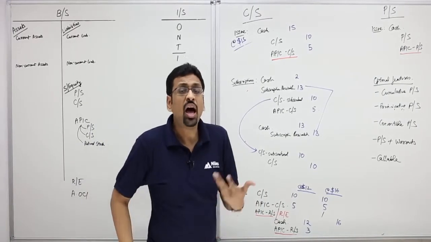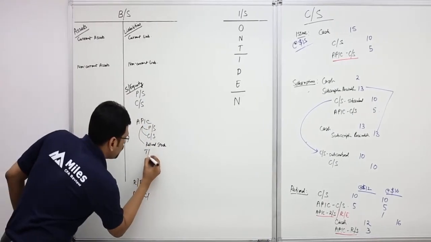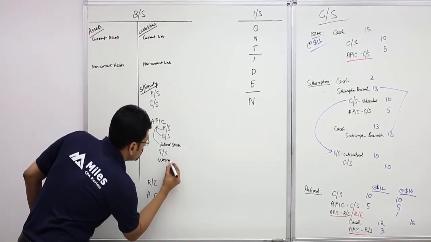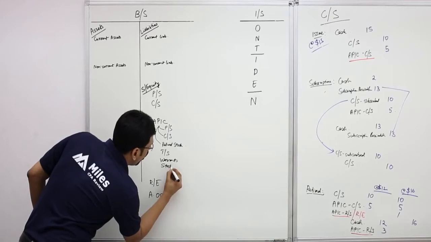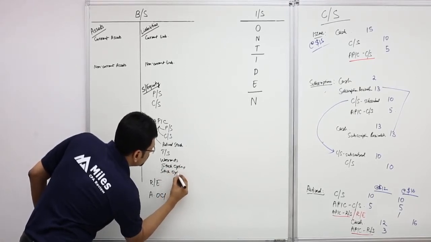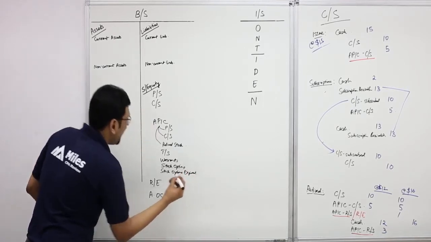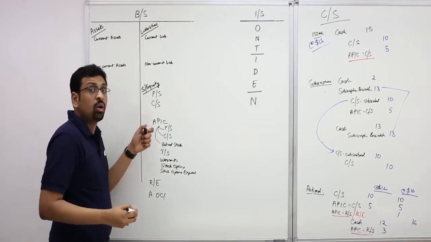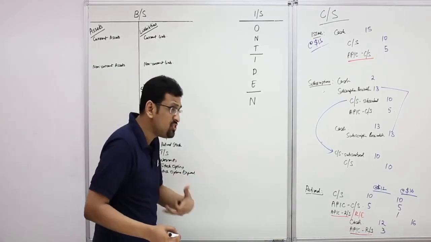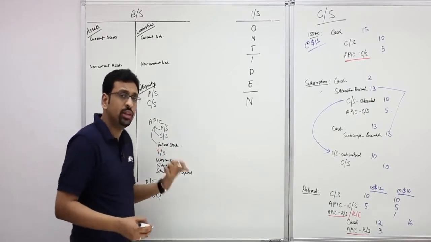Now, we could also have APIC for treasury stock, APIC for warrants, for stock options expired, not exercised. So as you can understand, APIC could have a lot of forms, and as we move on and learn more and more about stockholders' equity, we're going to discuss all this.